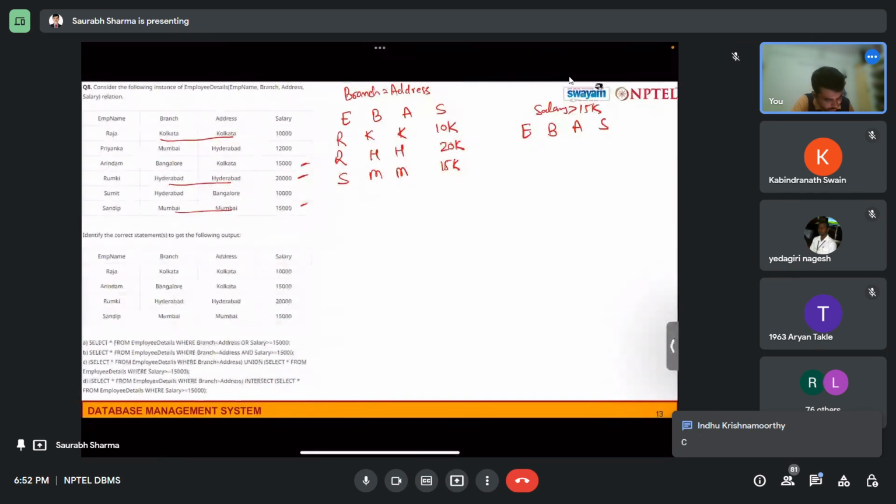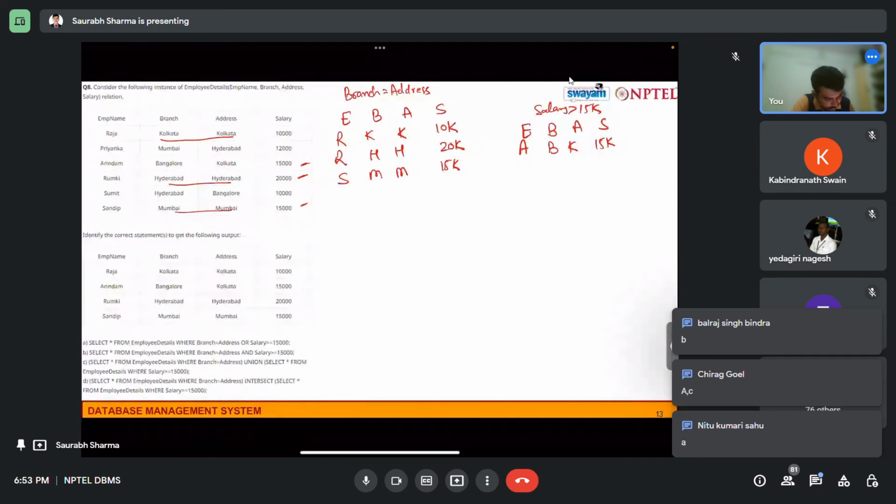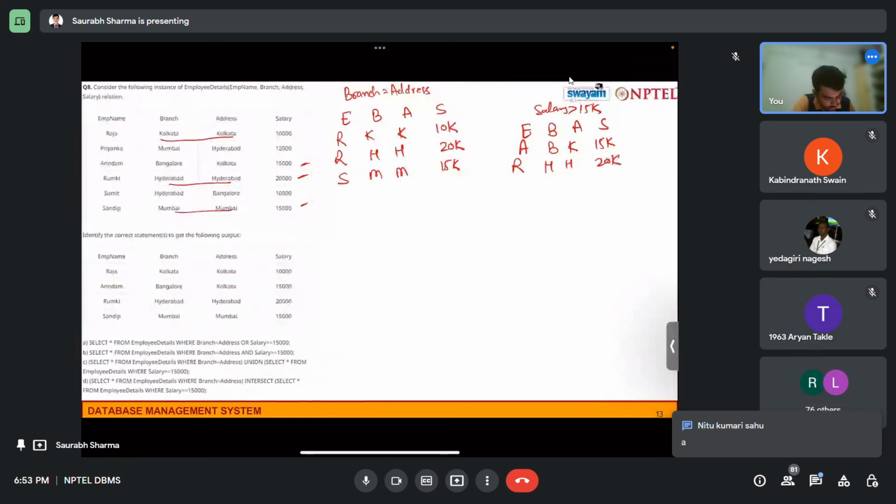So Arindam, Bangalore, Kolkata, 15K; Roorkee, Hyderabad, 20K; then Sandeep, Mumbai, 15K. Now we have four options. We will go one by one and check whether each gives us the same answer or not.